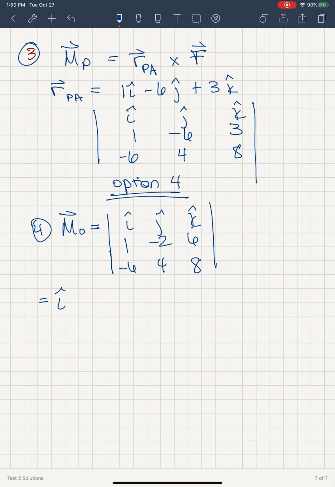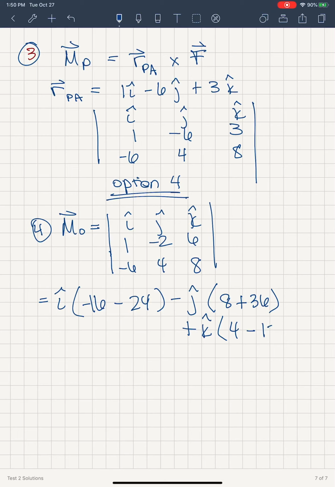But that's going to equal I times -16 minus 24, minus J times 8 minus -36, so plus 36, plus K times 4 minus 12. That equals -40I minus 44J minus 8K.